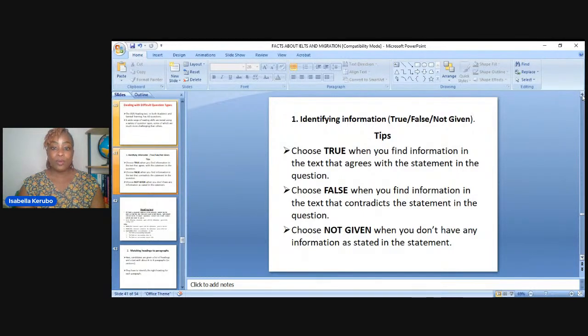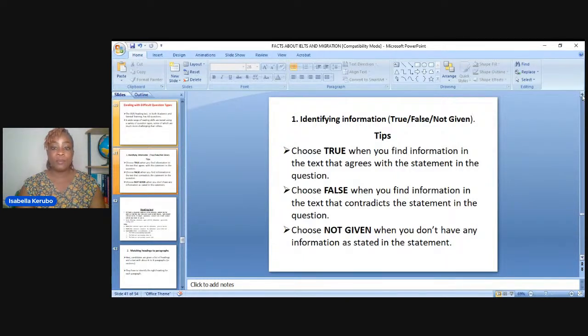Okay, when you are supposed to choose if the answer is true, this is when you find the information in the text that agrees with the statement in the question.